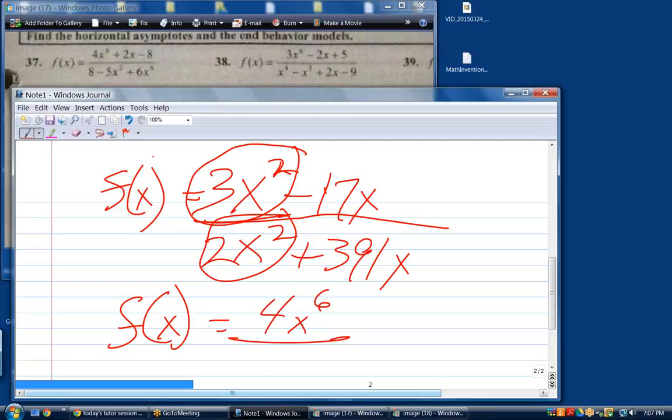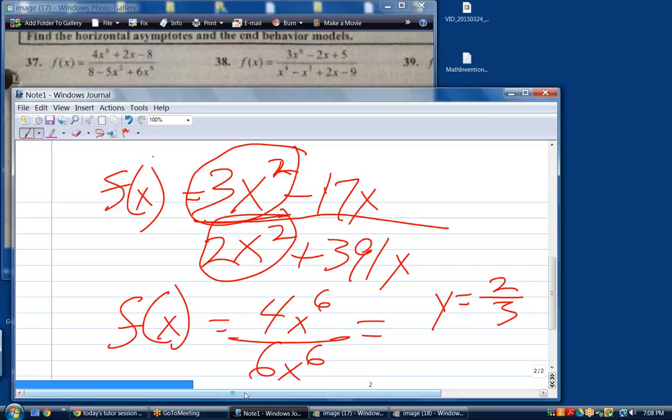In the denominator, what's the highest degree? 6x to the 6th. Okay, the exponents are the same. What is the horizontal asymptote? 4 over 6, sorry. Yeah, it's actually y equal to 2 over 3, which is 4 over 6. And that's the end behavior also.